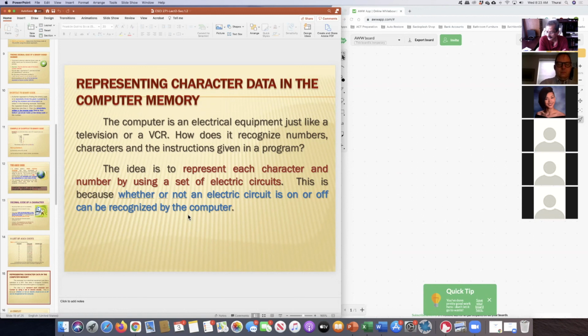That's because only ones and zeros can be handled by the computer. Now let's understand why only ones and zeros can be understood, and how we represent everything using ones and zeros inside the computer. The computer is a machine. So when there is power going through it, any machine recognizes power. It comes on, and it recognizes the power.